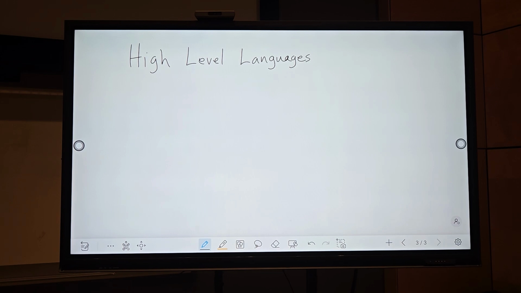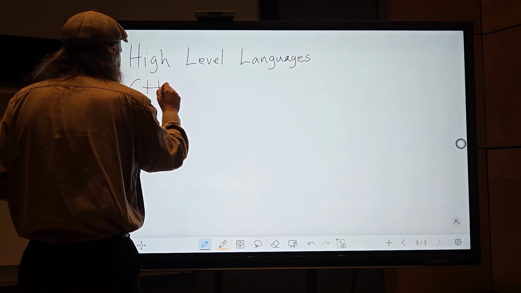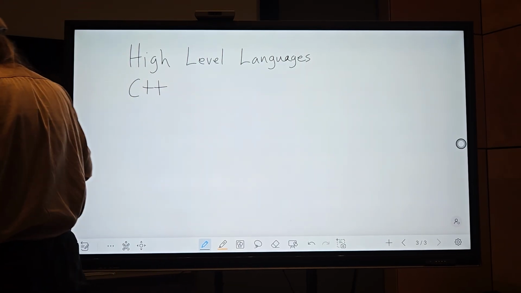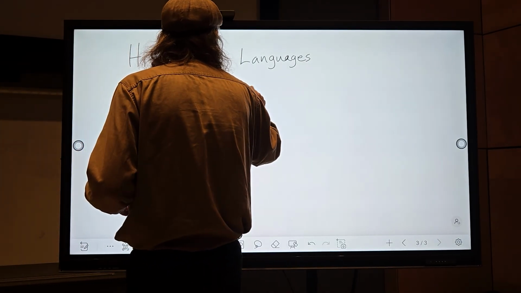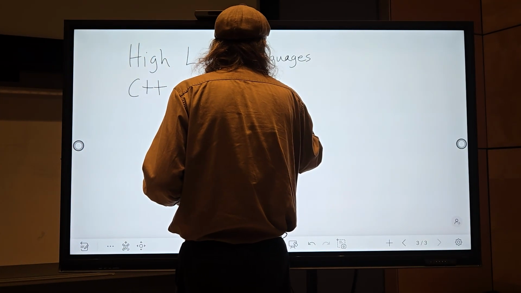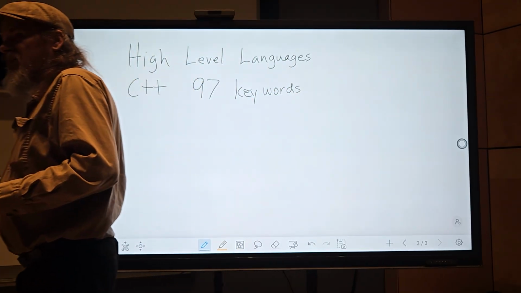Less, yes. C++, which you study in CS1 and 2, has 97 keywords. Just 97.